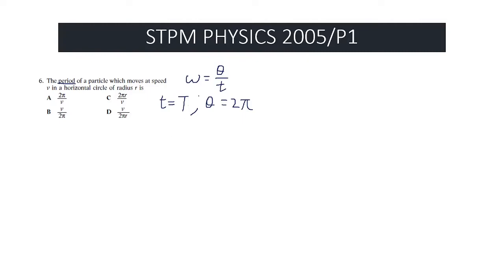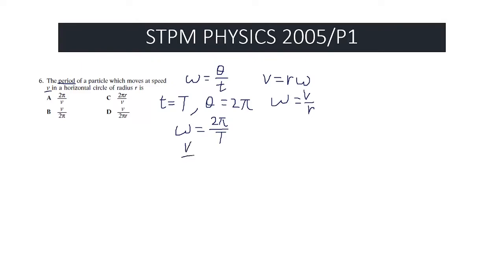Now we substitute into omega, so omega equals 2 pi per T. Now we have to express it in terms of v. The relationship between v and omega is v equals r omega, so omega is equal to v per r.